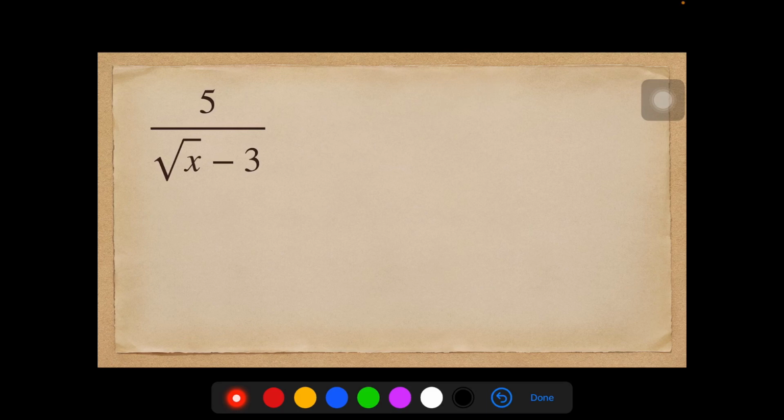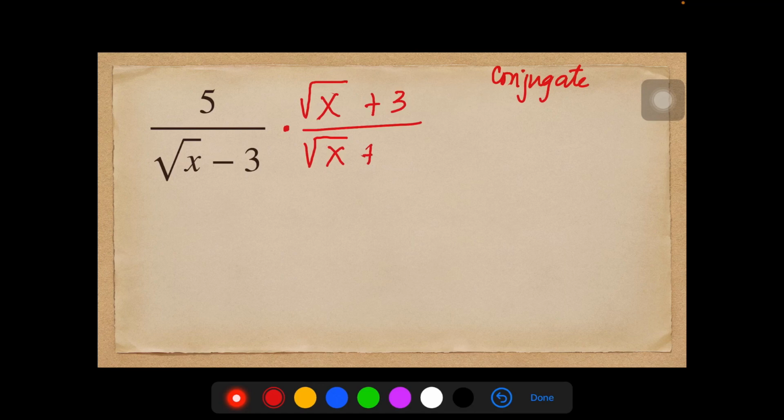So here I would like you to take note of one important word, and that is what we call the conjugate. In order to rationalize the denominator, we are going to multiply the numerator and the denominator by the conjugate of the denominator, which is the square root of x plus 3.